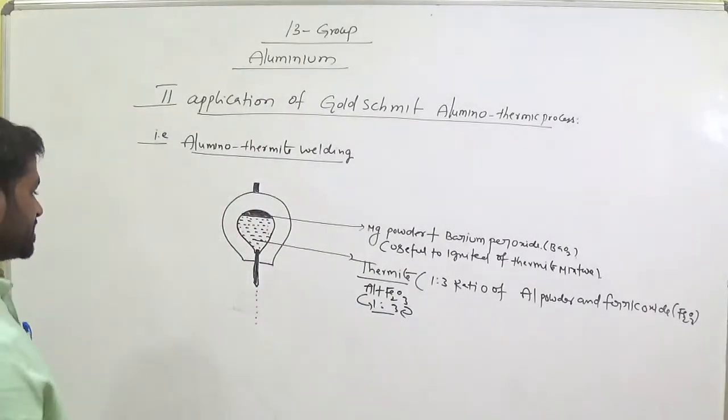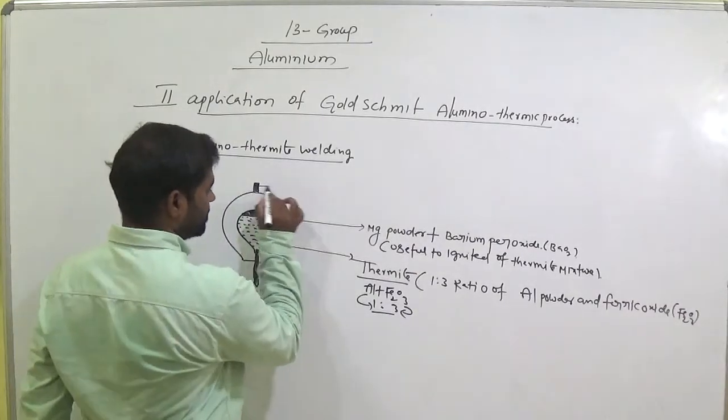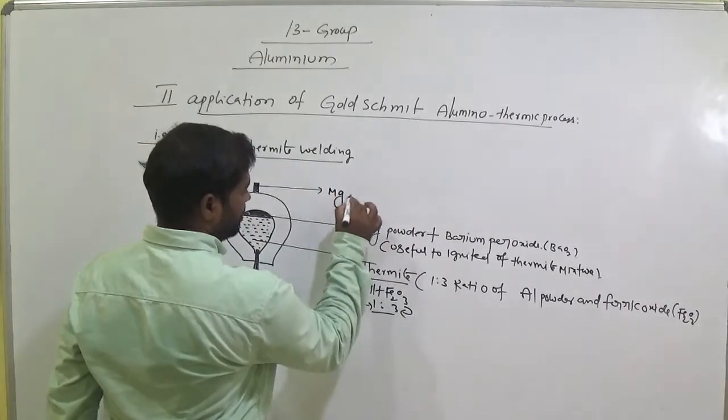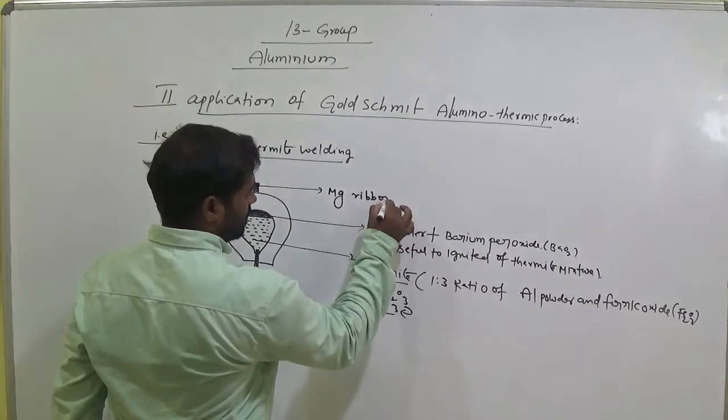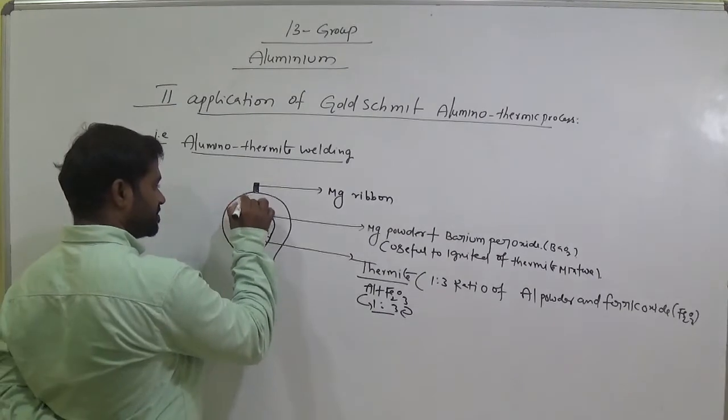Okay, thermite mixture. So this is the magnesium ribbon. This one and this one is the magnesium ribbon, and this one is the lining.